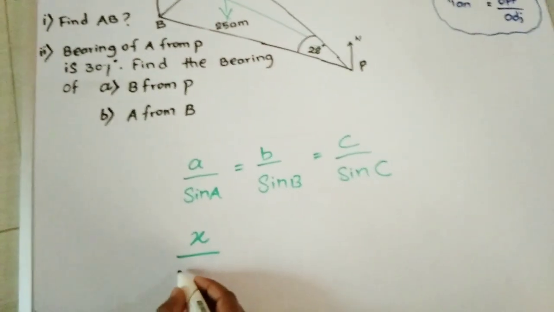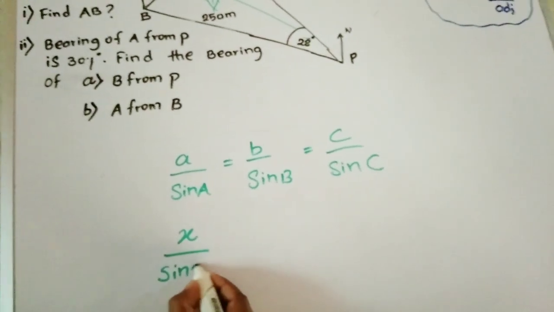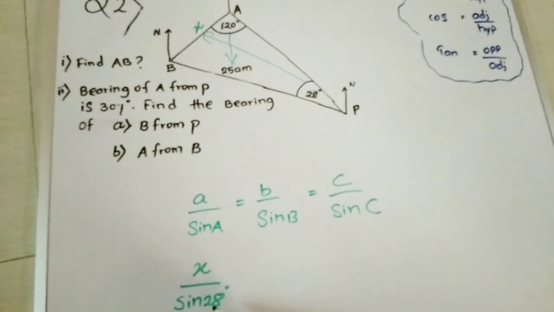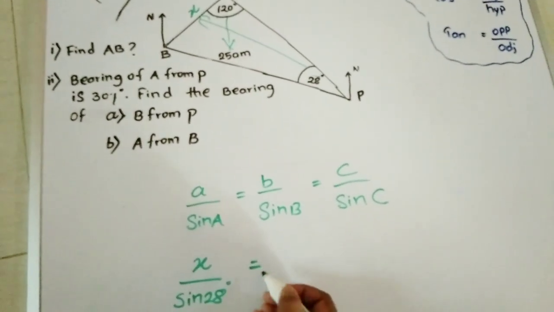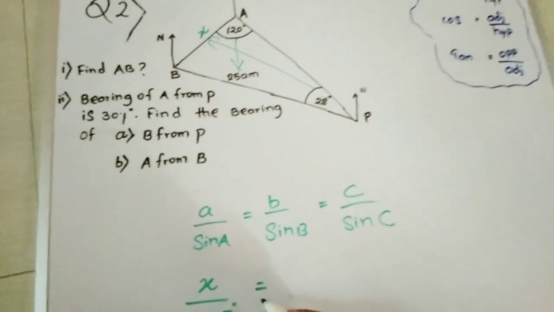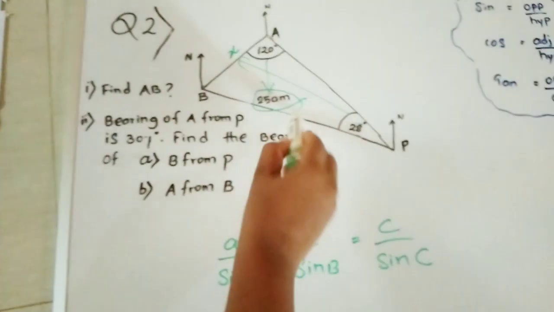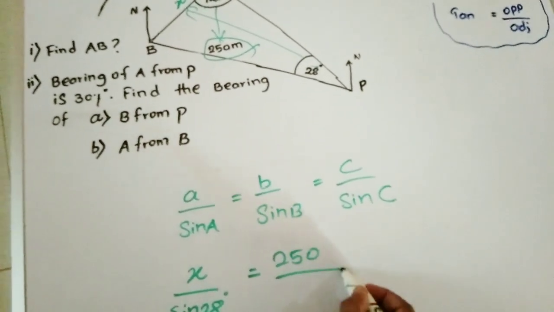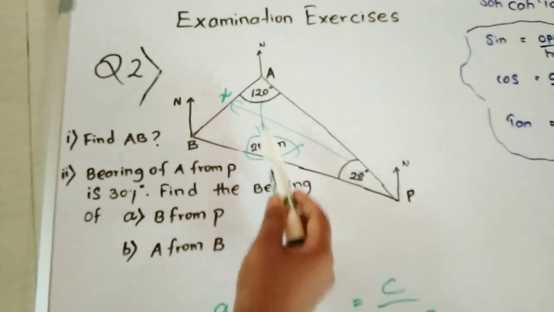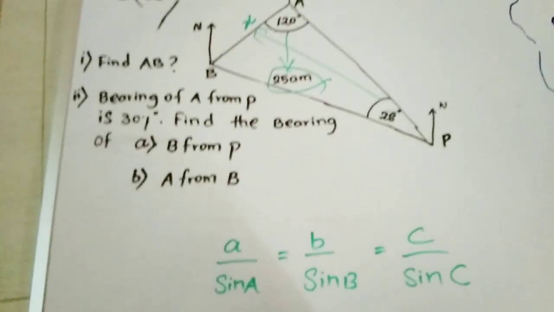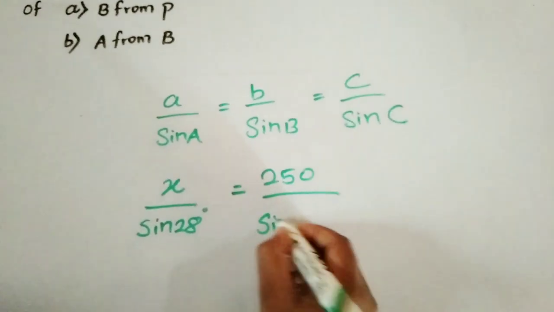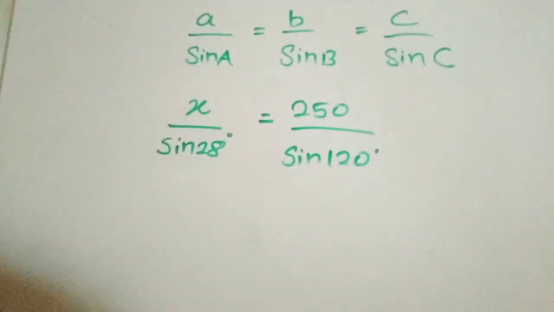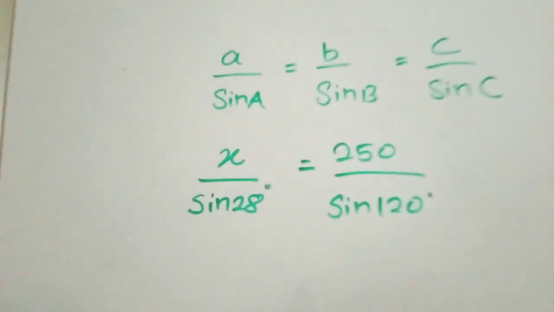So here sine 28. x over sine 28 is equal to the other pair. The other side length is 250 meters, 250 over sine of the opposite angle, 120. x over sine 28 is equal to 250 over sine 120.